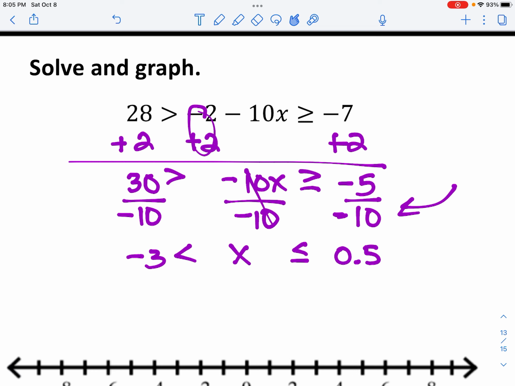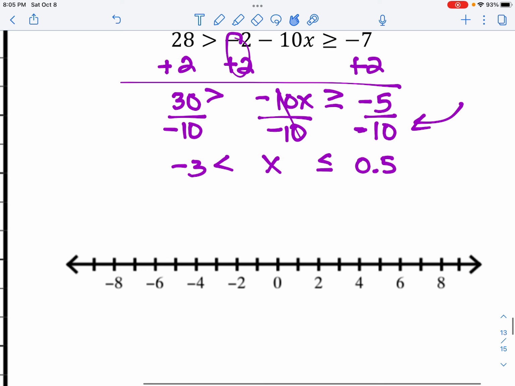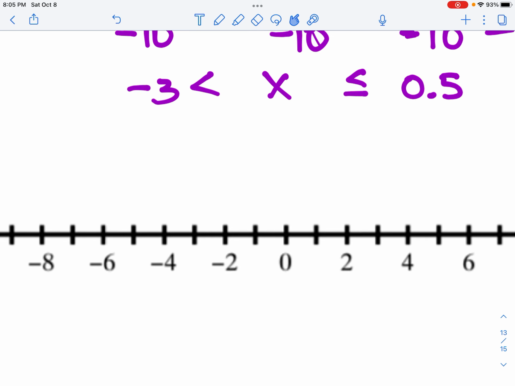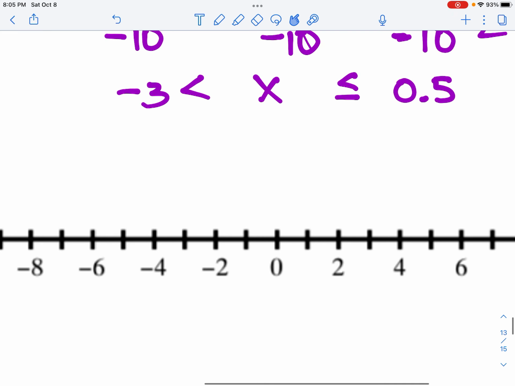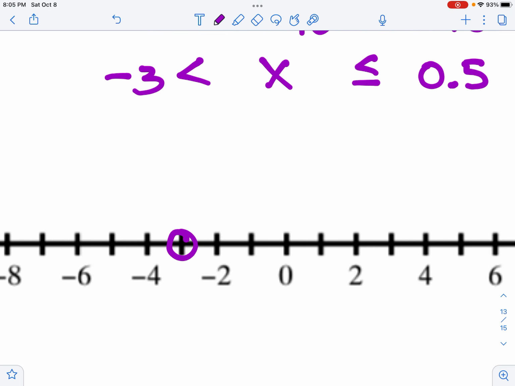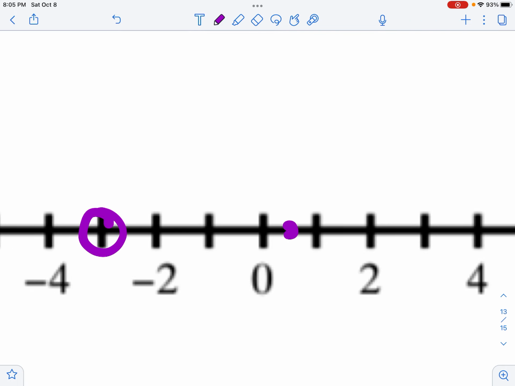So once again, I want to graph this. x has to be between negative 3 and 0.5. So this would be an open circle at negative 3. And then at 0.5, right, that's halfway between 0 and 1. That's less than or equal to, so we're going to do a closed dot right there.